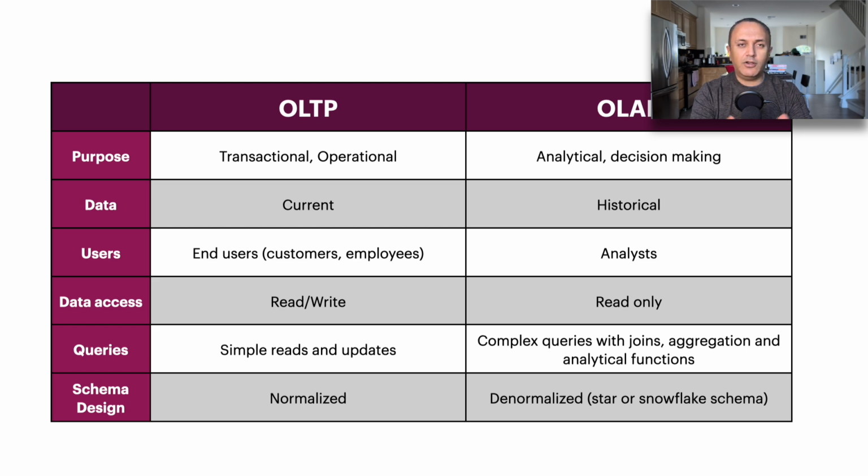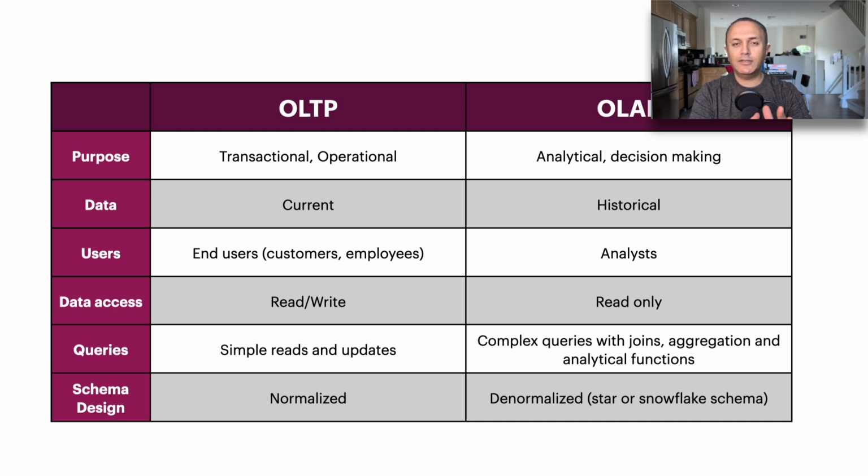The end users are customers or employees. Usually there are so many concurrent users using the system at any given time. Data access is both read and write operations, usually very simple reads and writes, not very complicated in terms of the queries that are posed to the system. And the schema design is usually normalized to help achieve the requirements that we have here.